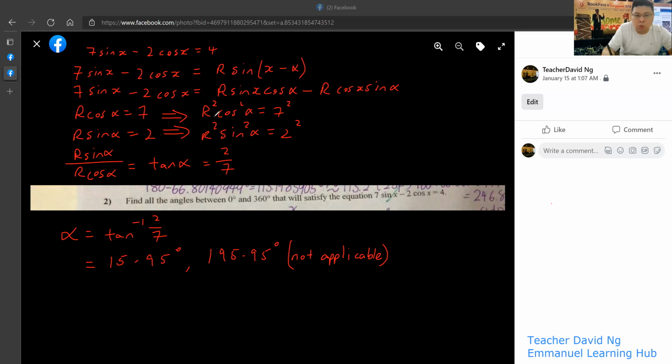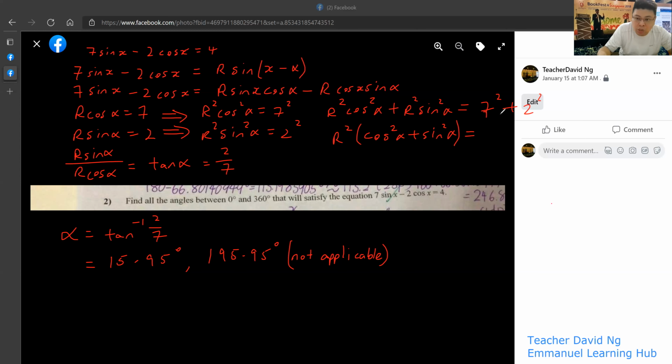So if I were to use my R square cos square plus R square sine square, that will give you 7 square plus 2 square. And if I factorize out my R square, I have cos square alpha plus sine square alpha.